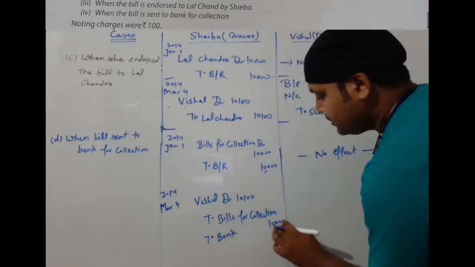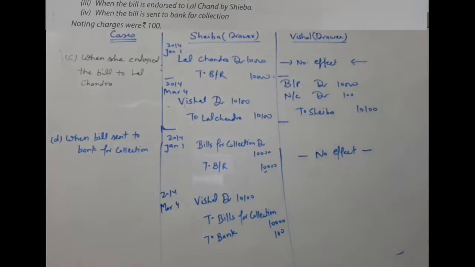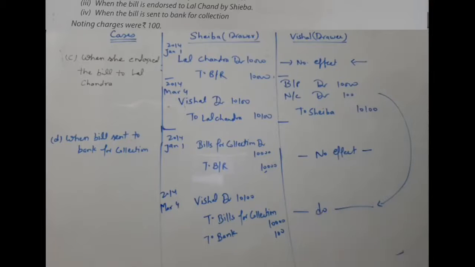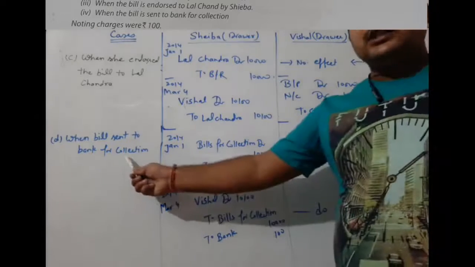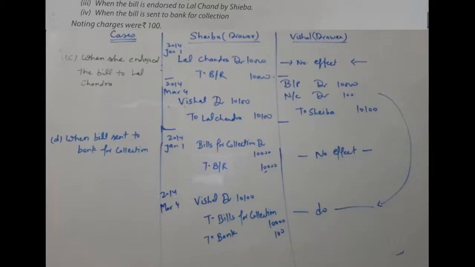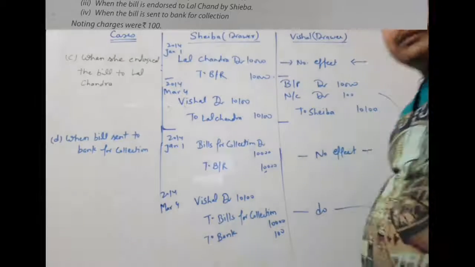ये मुझे आपको समझाना जरूरी था, because when any bill is sent to bank for collection, and in this situation there are any kind of noting charges, you should have proper knowledge about it.